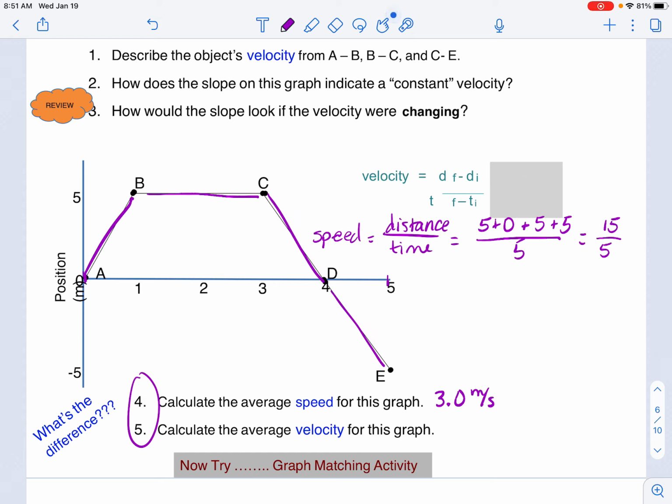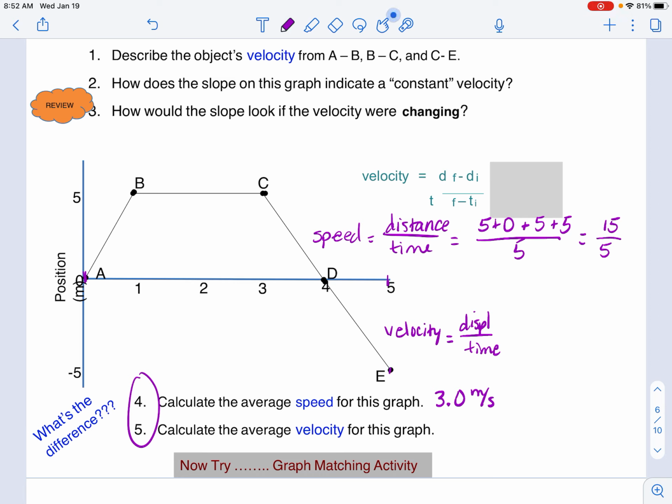When it's asking me for my velocity, velocity is going to be the vector version, where this is my displacement over time. So now I am not going to be concerned with all of the motion that took place.